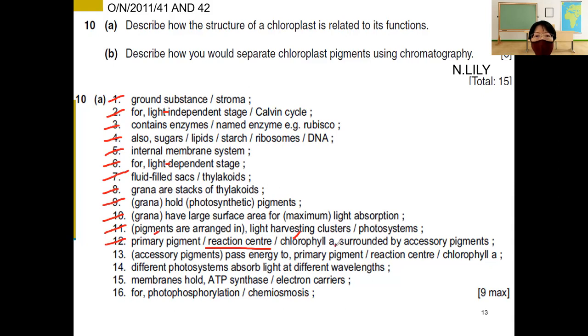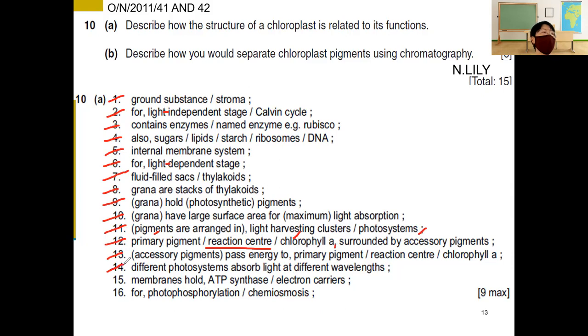And you see comma. Comma means you must say that surrounded by accessory pigments. So the reaction center at the base, at the top, it is surrounded. It's like a conical flask surrounded by the accessory pigments. Okay, so that is a structure. Now function. What is the function of accessory pigment? Is to pass the light energy to the primary pigment or the reaction center or the chlorophyll A. So that's the function.